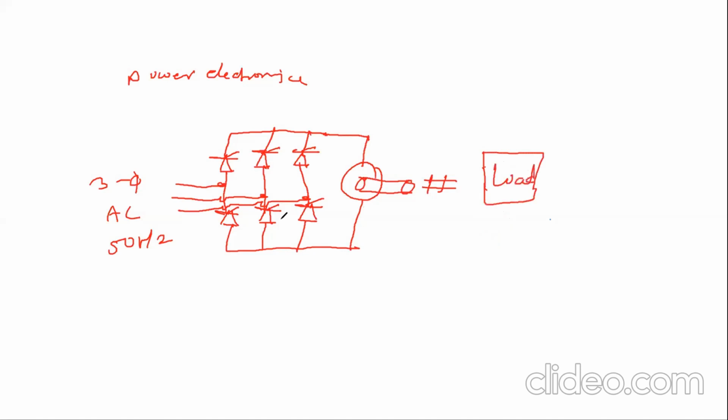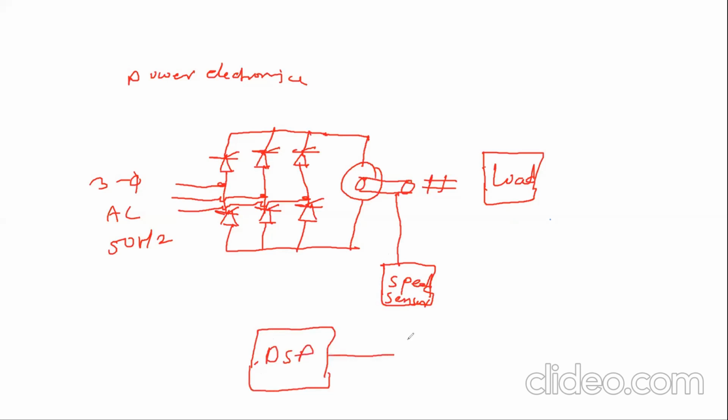Suppose I want this motor to run at 1000 RPM, then I have to use a speed sensor to check whether the motor is running at 1000 RPM or not. I will use a tachometer or Hall effect sensors, and the output of this speed sensor is given to a control unit, or DSP processor.